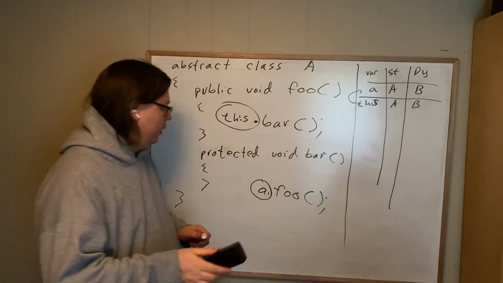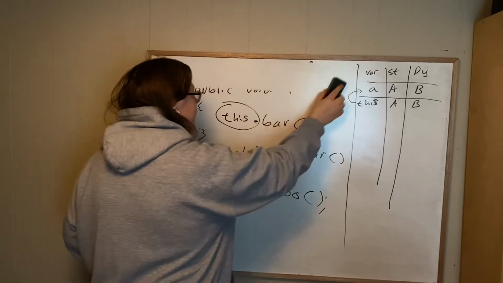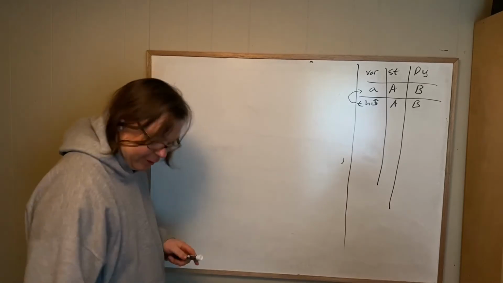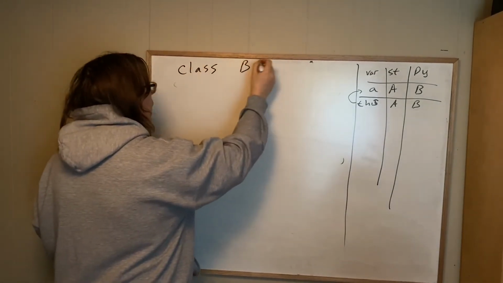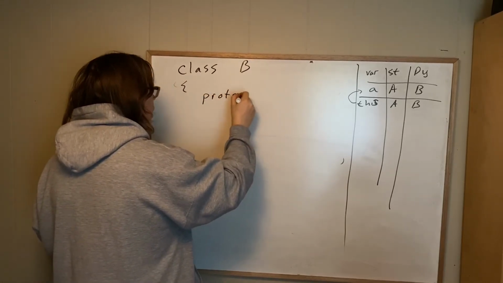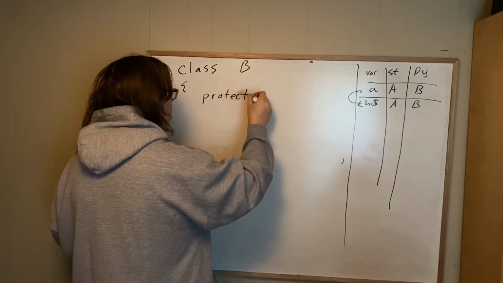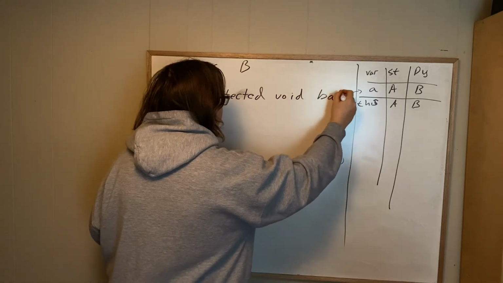There's one other piece to go along with this. So let's say we have our B class that extends from A, just like before. And let's say it overrode bar.